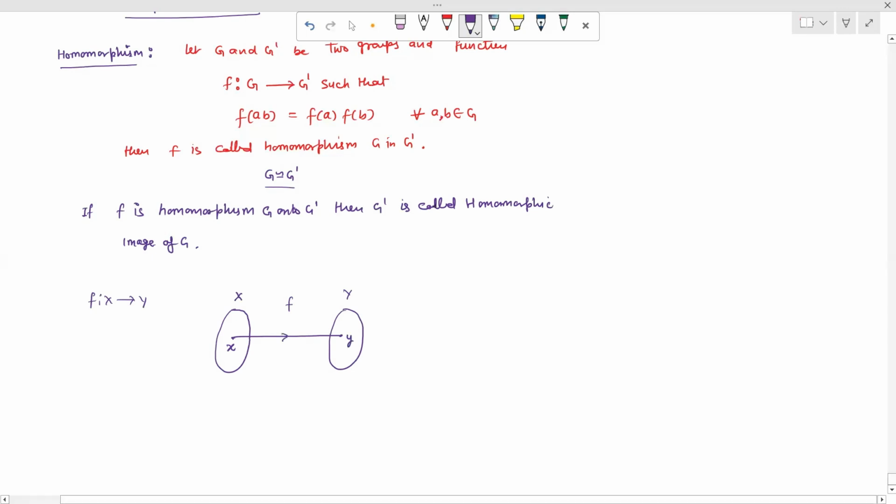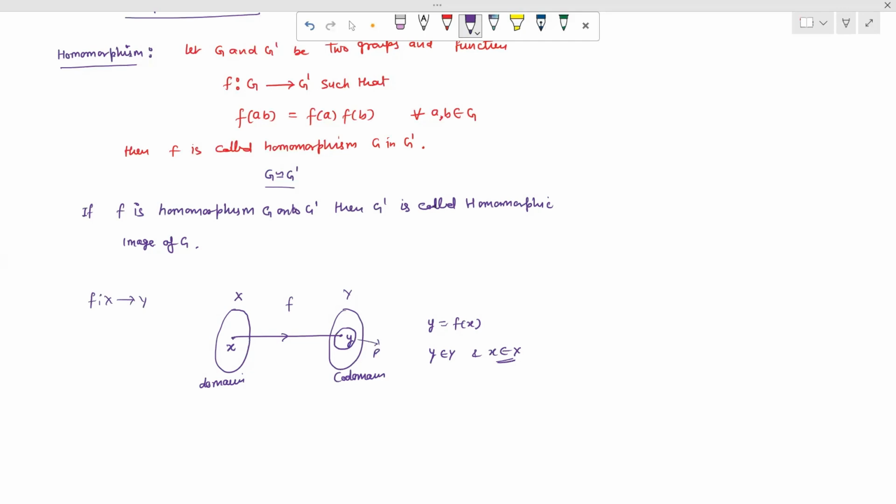So we define the function y is equal to f of x, where x belongs to X and y belongs to Y. The elements of Y which are related to X form the range. The range is always a subset of the codomain. So this is the definition of a function.